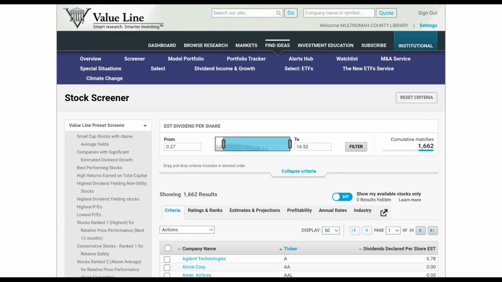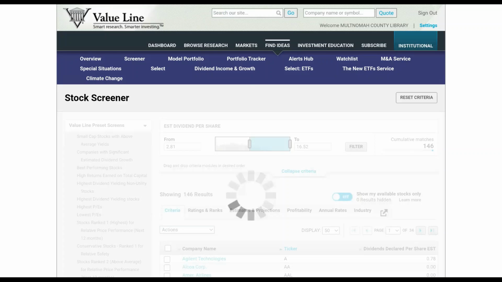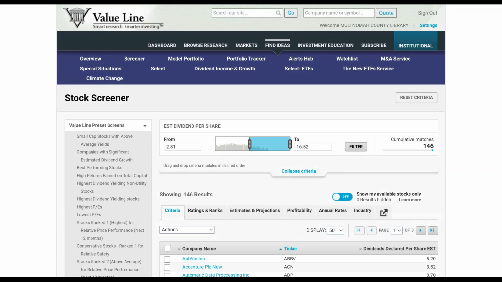I've used that a couple of times myself and found it very informative. Because what you're looking at here is just the Value Line analyst who did the numbers, whereas you're getting a kind of crowdsourced number from Yahoo Finance.